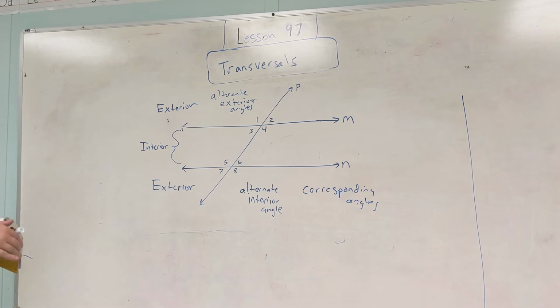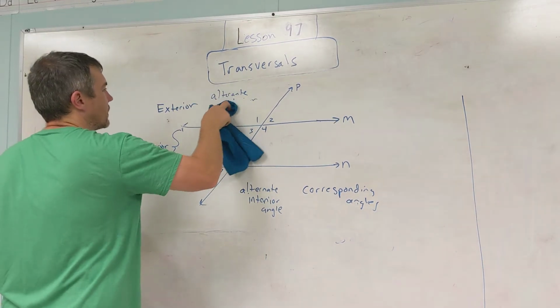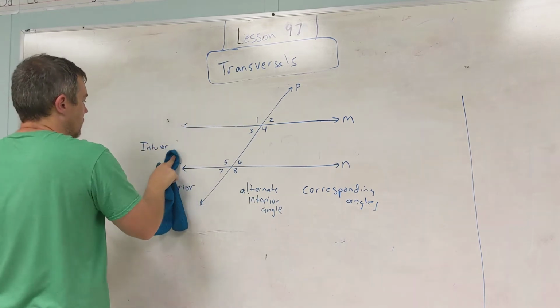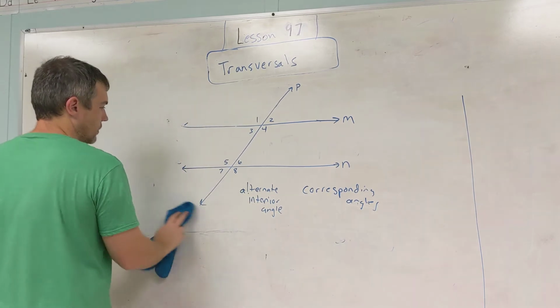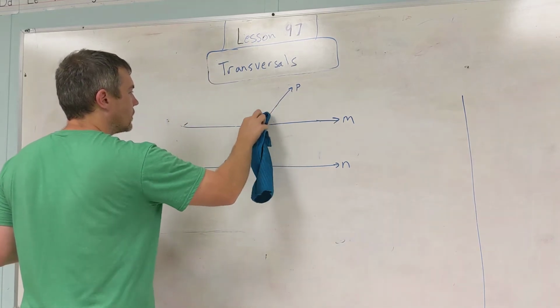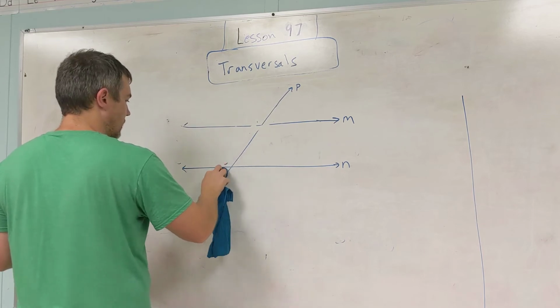Alright, so in the example, we'll erase some of this. It's a very similar drawing to what we have here. We've got example 1, page 520.